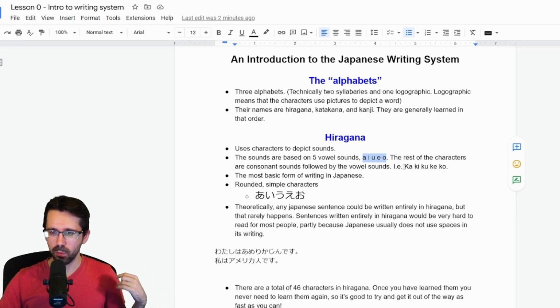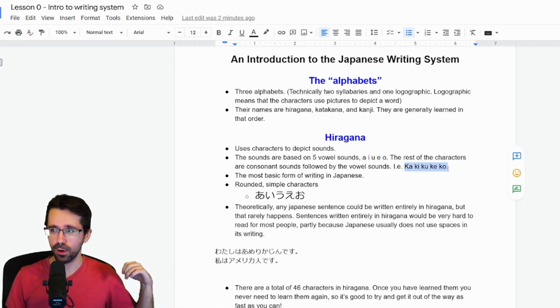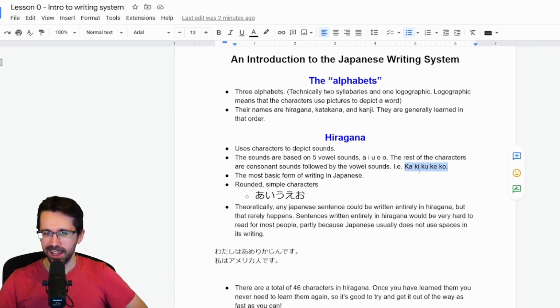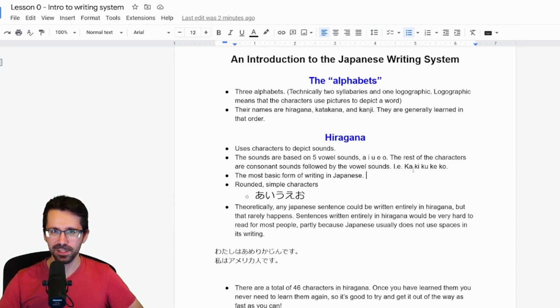So for example, we could have ka ki ku ke ko, or ma mi mu me mo, or ba bi bu be bo. All of those work, and we're going to be combining consonant sounds with these vowel sounds in order to get a combination of many different sounds in Japanese.